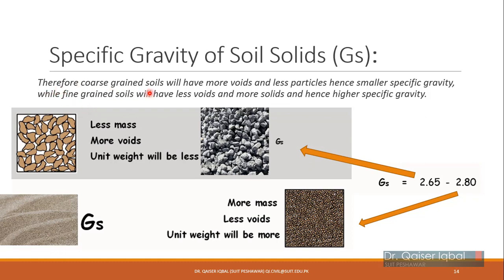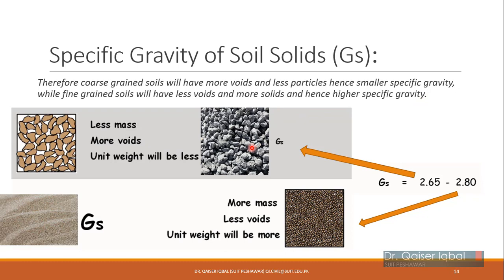So the coarse grained soils, which will have more voids and less particles, hence they will have smaller specific gravity because there is a lot of void space open in there. So in equal volume, you will have less weight of solids in comparison to the fine grained soils.